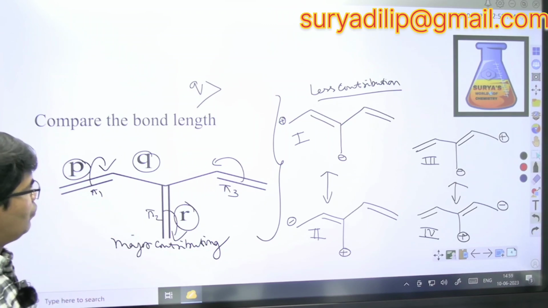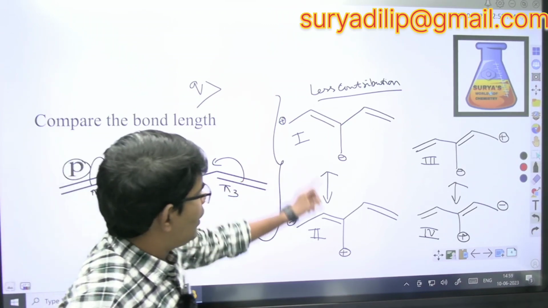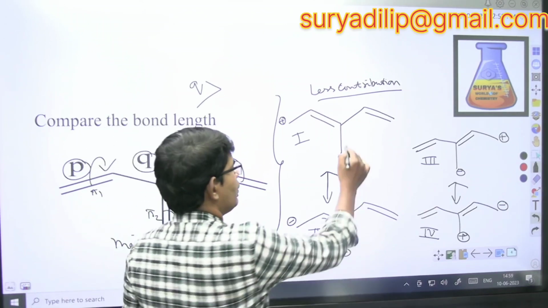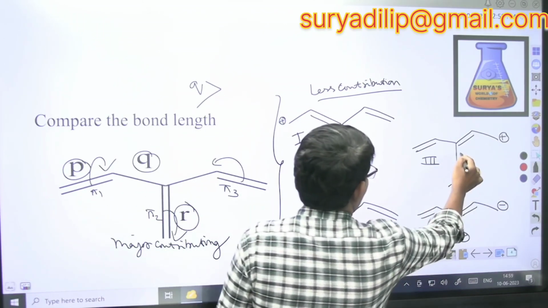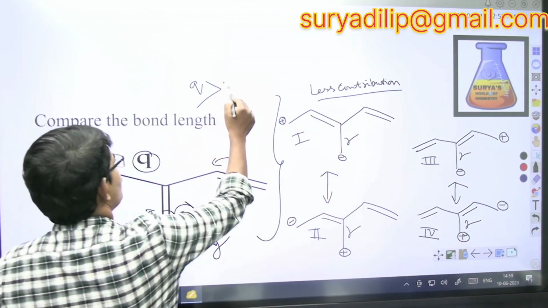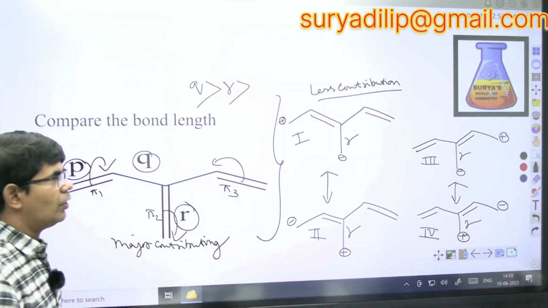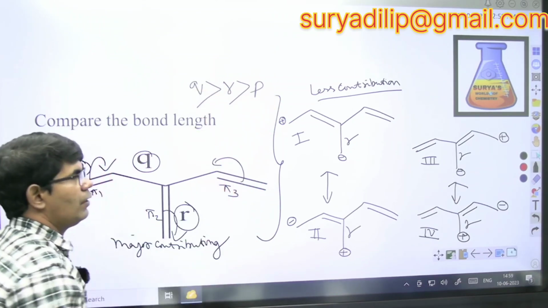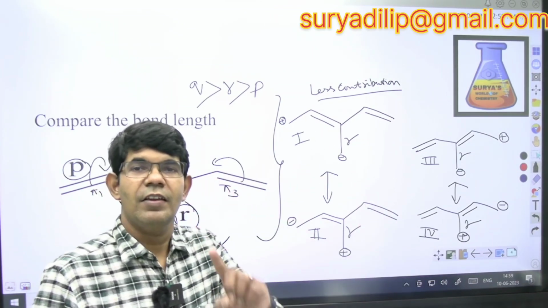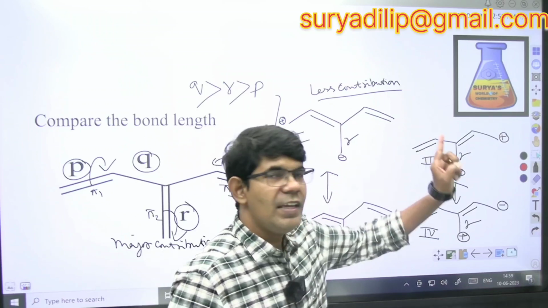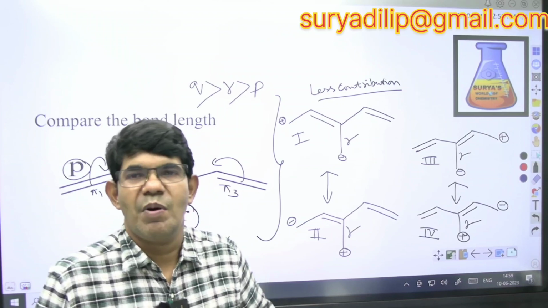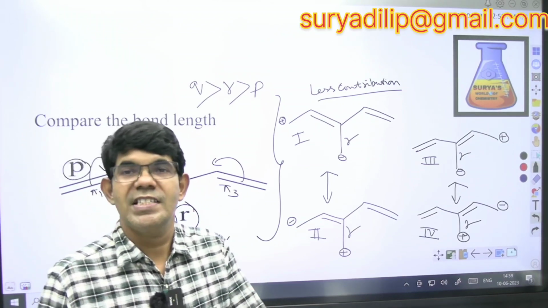Now let us come to R. In all the resonating structures, 1, 2, 3, 4, you see R is singly bonded. When it is singly bonded, then after Q, you will have R, and then obviously P. If you don't apply this concept, definitely you will take R as the major contributor and hence the maximum bond length, which is incorrect.